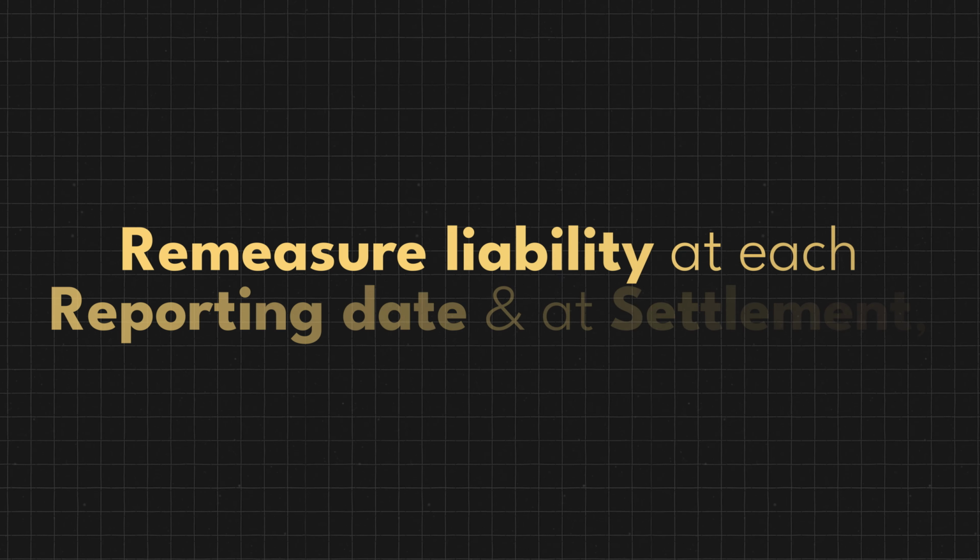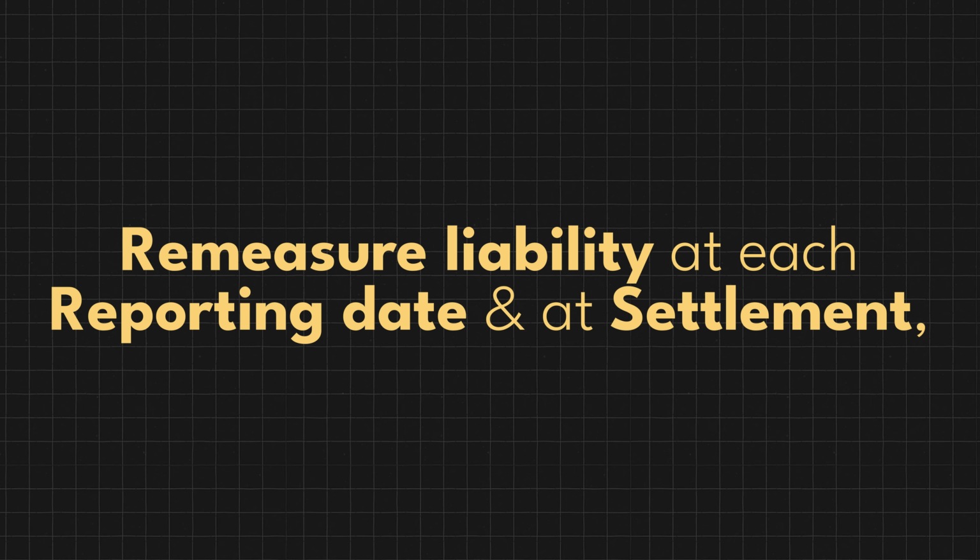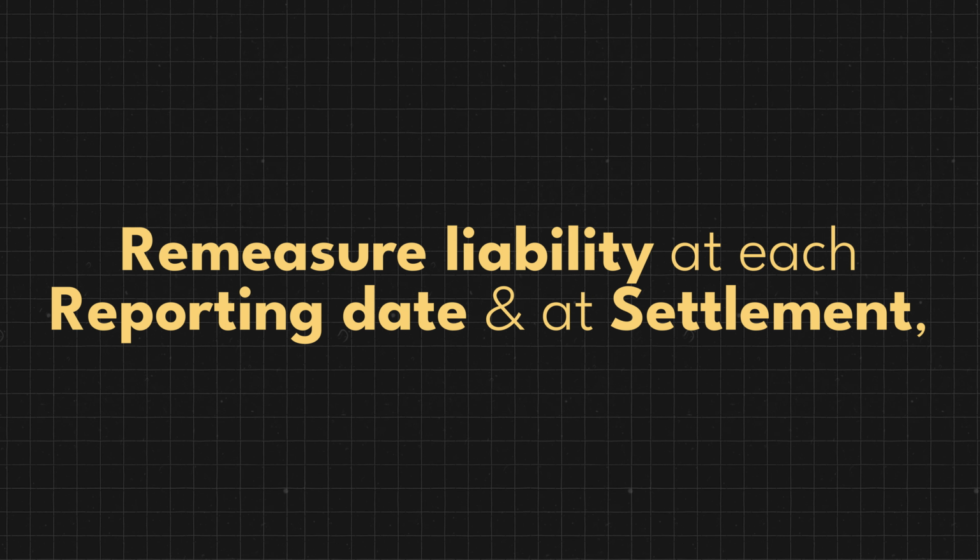For cash-settled transactions, measure goods or services acquired and liabilities incurred at fair value. Remeasure the liability at each reporting date and at settlement, with changes recognized in profit or loss.